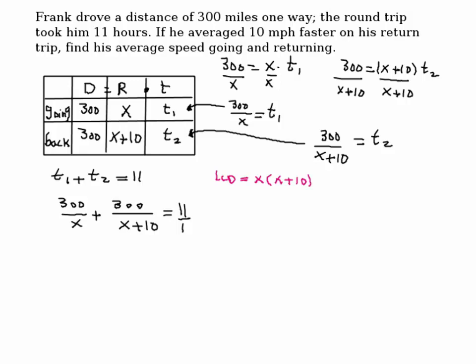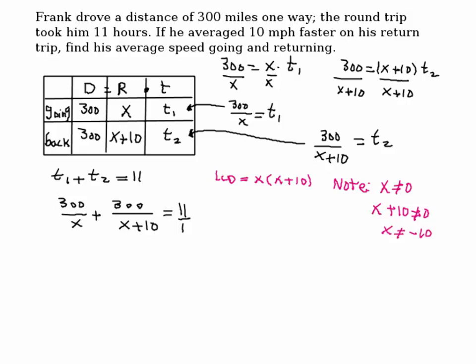You can make a little note here if you like. x cannot be equal to 0, and x plus 10 cannot be equal to 0. So x cannot be equal to negative 10, because that would cause those fractions to become undefined.